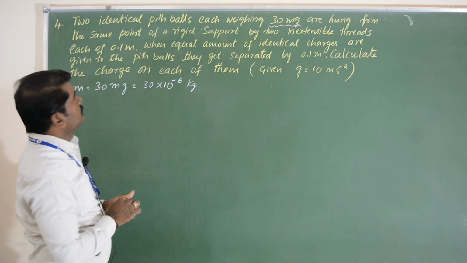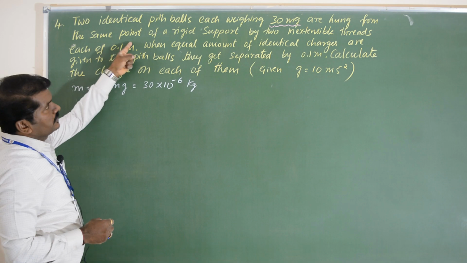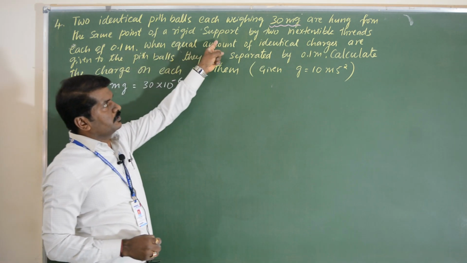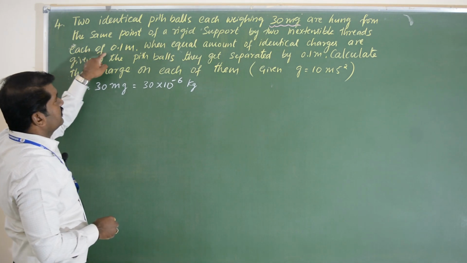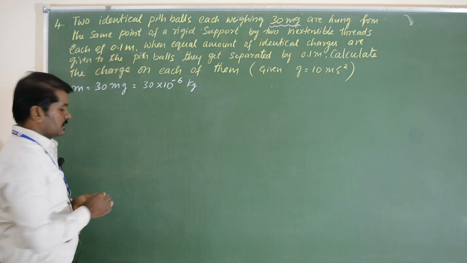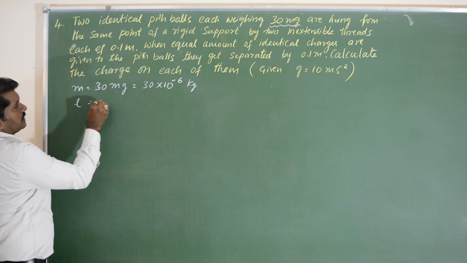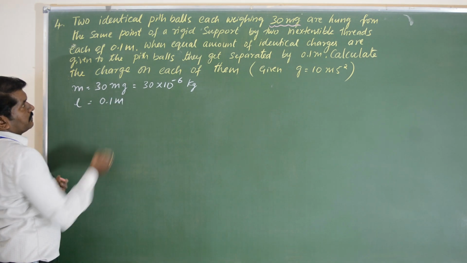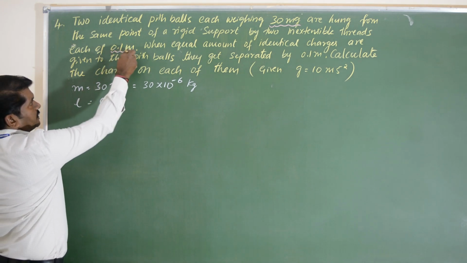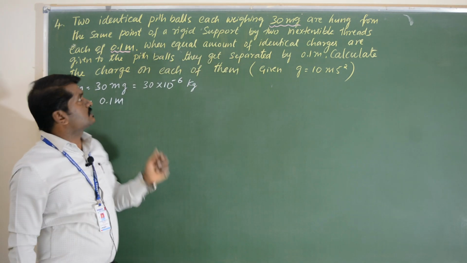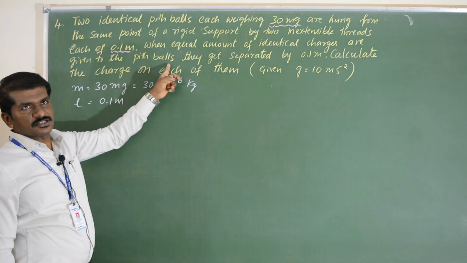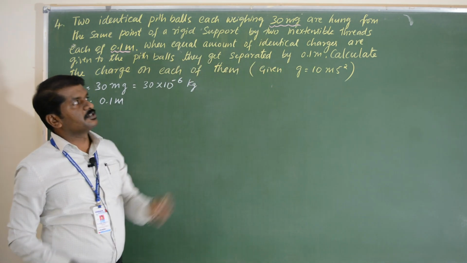They are hung from the same point of a rigid support by two inextensible threads, each of 0.1 meter. That means they have given length is equal to 0.1 meter. So this is the data.